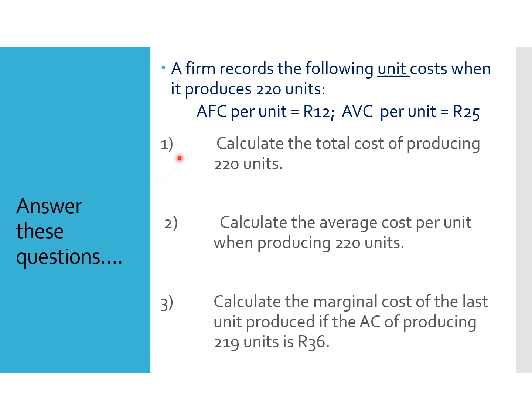You are required to work out the total cost of producing 220 units, the average cost when producing 220 units, and then the marginal cost of the last unit if the average cost of producing 219 units is 36 Rand. So here we are asking for you to work out the marginal cost of the 220th unit. I'm going to go on to the solutions now, so please pause at this point, take some time to work these out, and then let's take a look at the solutions.